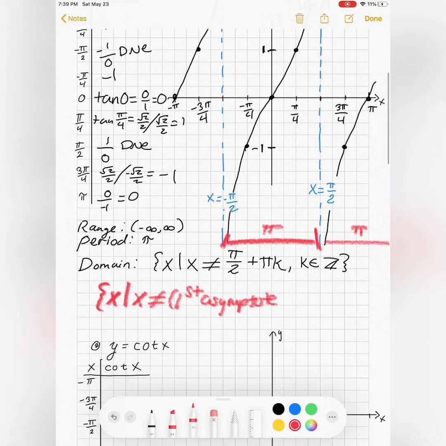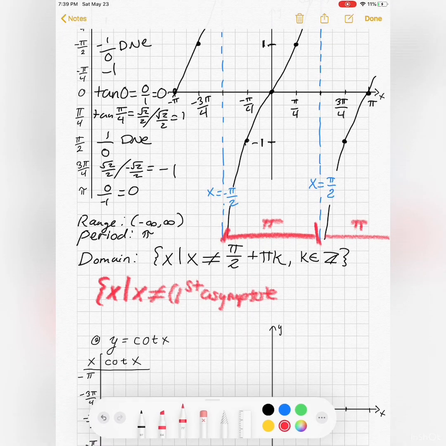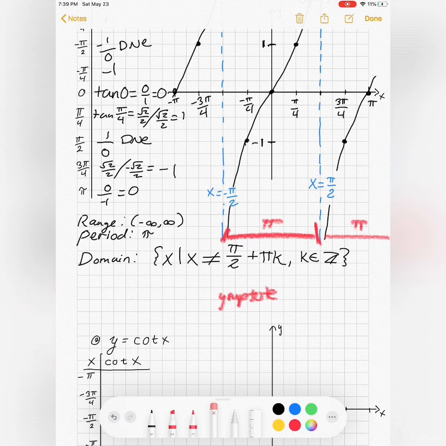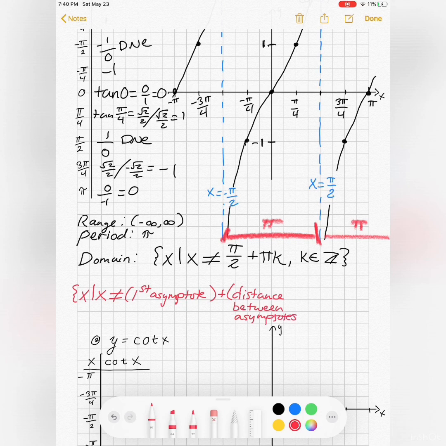So my template, the set of all x, where x does not equal the first asymptote, pi over 2, plus the distance between the asymptotes, that's where I got the pi, times k, where k is an integer.